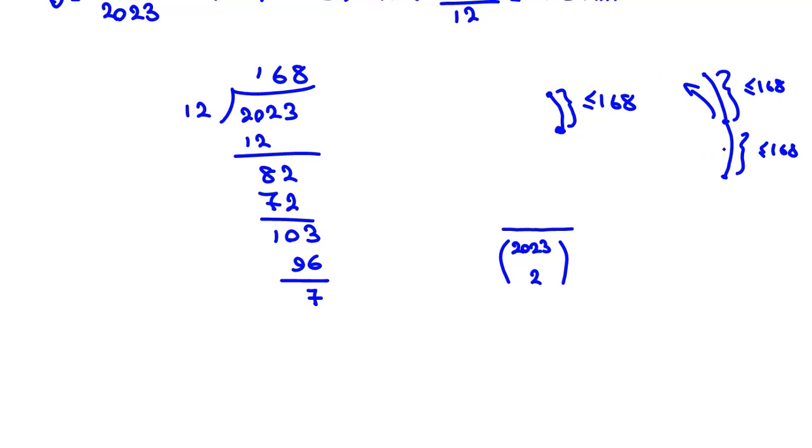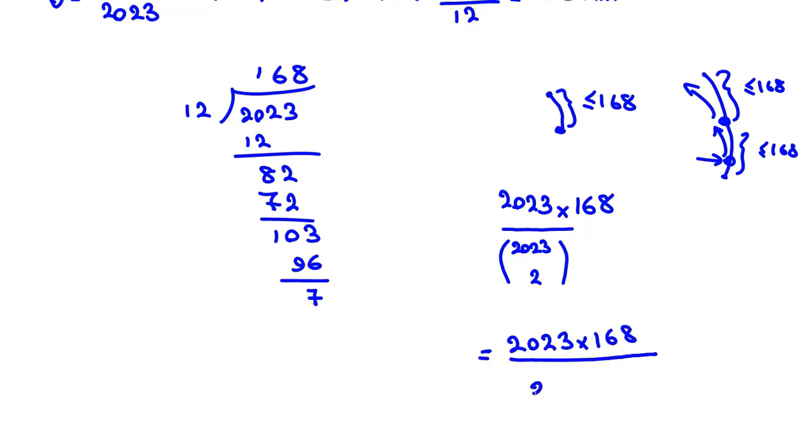If we want to select this and this, from this point we will calculate it counterclockwise, okay? Then we don't need to divide by 2, so it will be 2023 times 168. The denominator is 2023 times 2022 over 2, which is 1011.